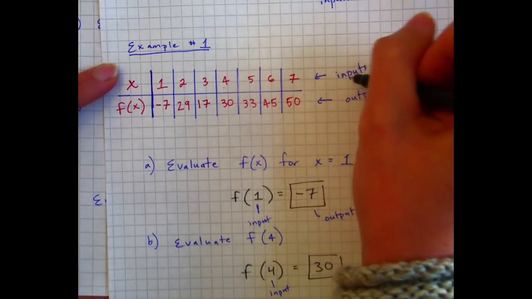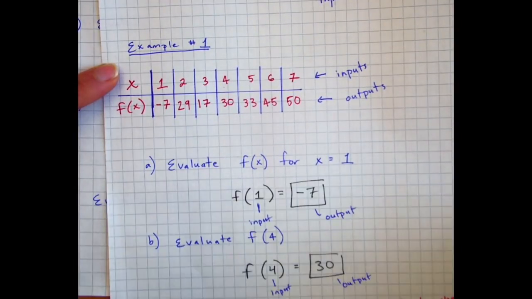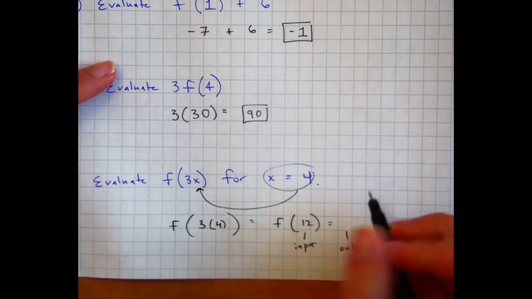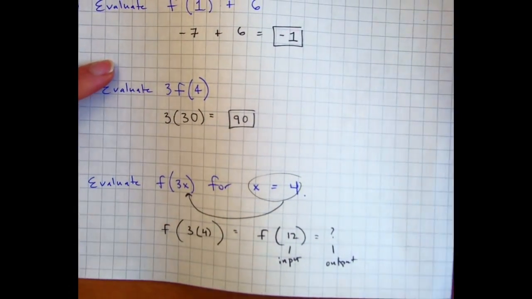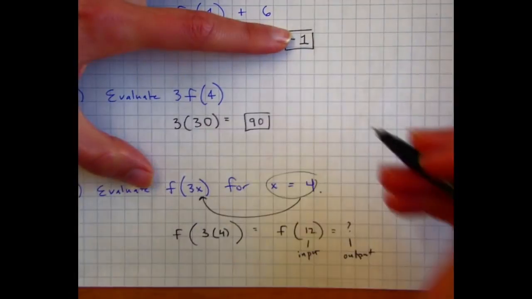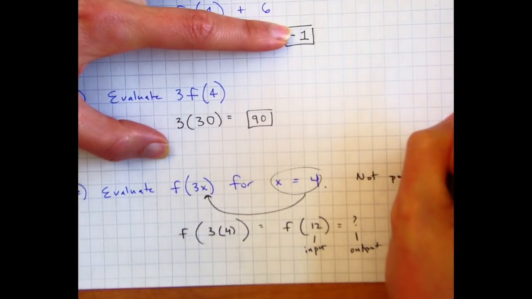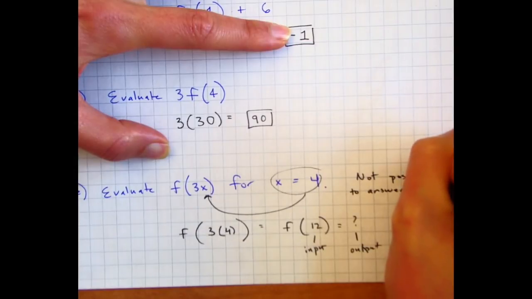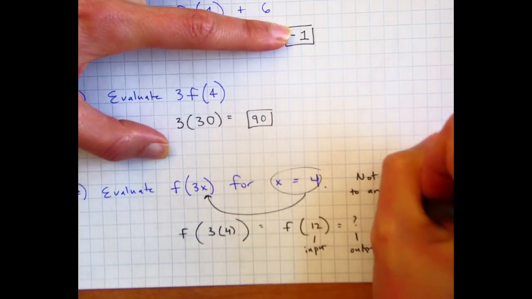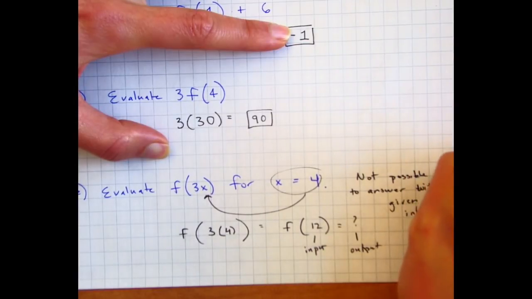So this is actually impossible to answer given the information that we have. So we can say not possible to answer with given information. We don't know what the corresponding output is when the input's equal to 12. We're not given that information in the table.